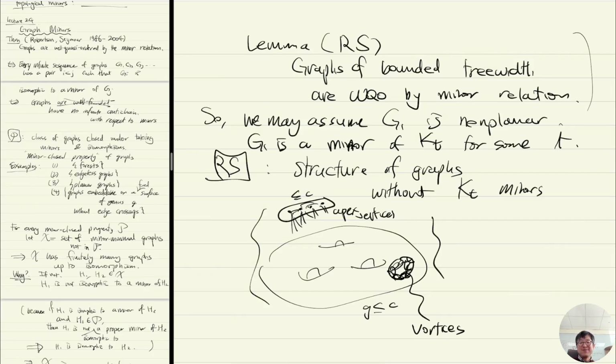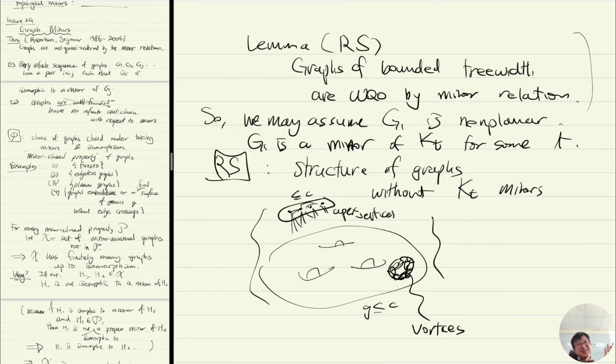So you have a graph like that, and these graphs don't have large complete graphs. It could have a Kt. I'm not saying that this graph doesn't have Kt, but graphs without Kt can be built from this kind of building blocks. So this is one building block. This block doesn't have a really large clique, right?